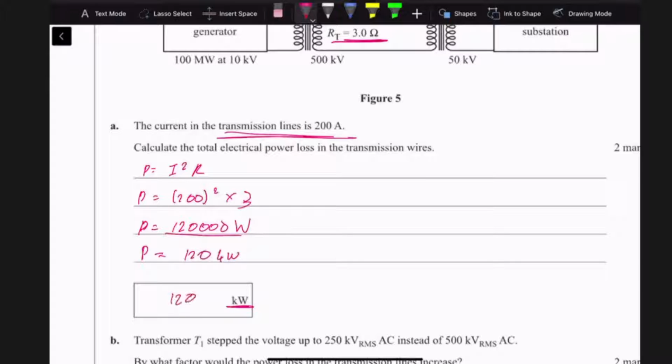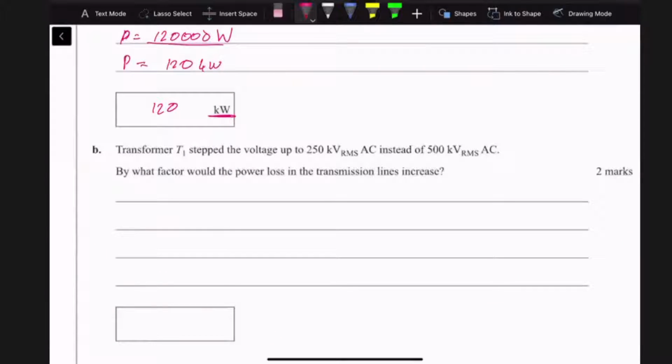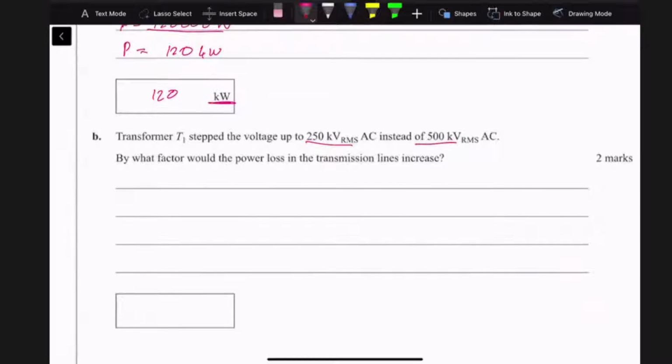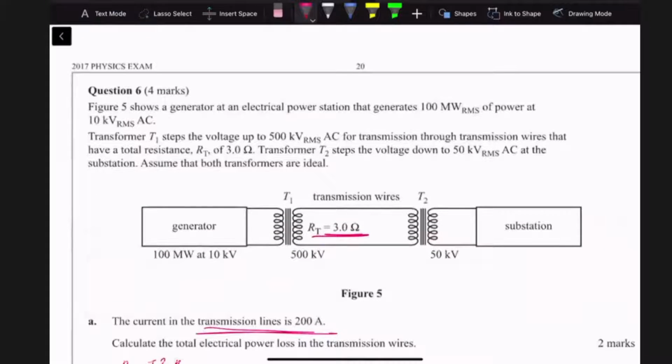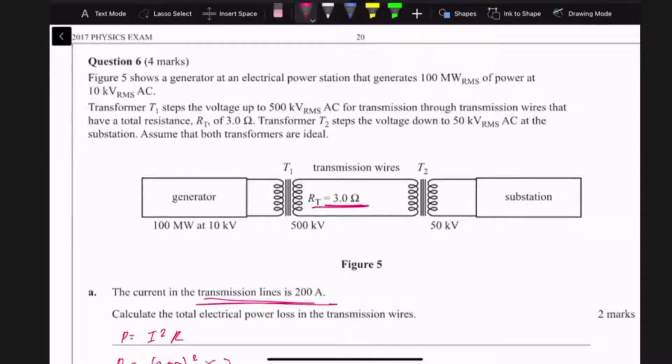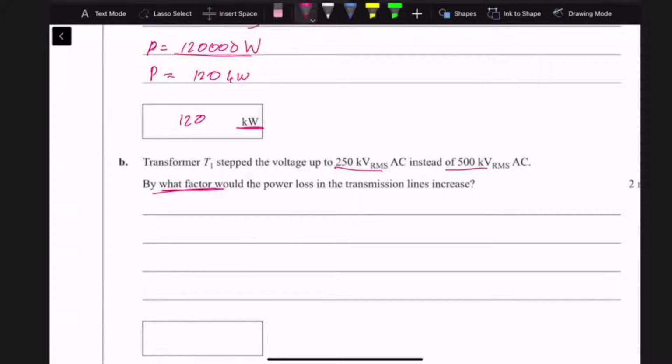So it's 120. So now they're stepping the voltage to 250 instead of 500. By what factor would the power loss in the transmission lines increase? So if you remember, if it's going from 500 to 50, it's going down by a factor of 10.